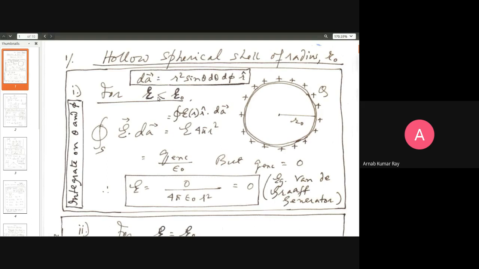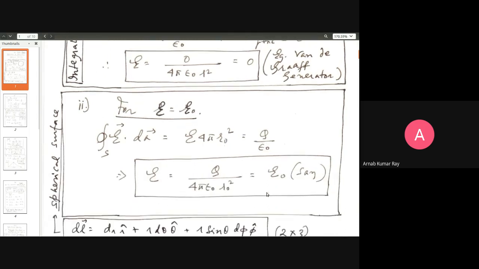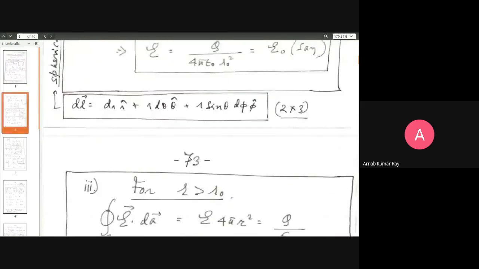Apart from that, it doesn't have a defined value, so you just leave it as r squared. But here, the value is precisely given, it's R naught. So E times 4 pi R naught squared is equal to Q by epsilon naught, therefore E is equal to Q by 4 pi epsilon naught R naught squared, and that's equal to E naught. Okay, so that's for r equal to R naught.